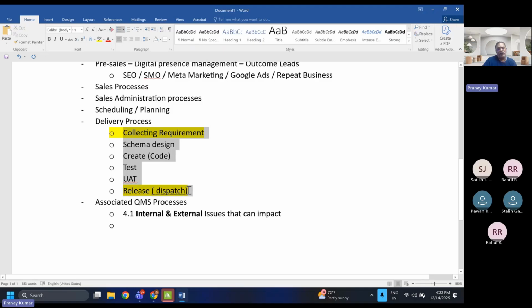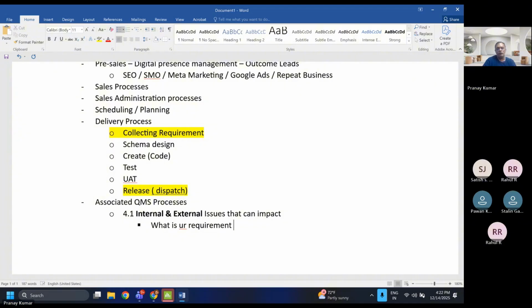Let us look at this entire value chain. We were saying the first step is requirement collection. What if your requirement collection process is flawed? There might be a possibility. Correct.